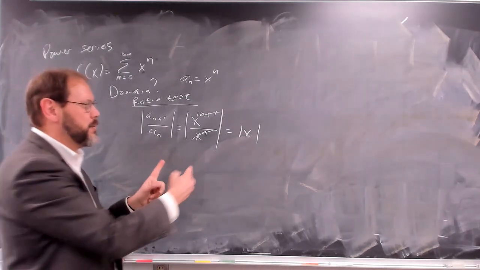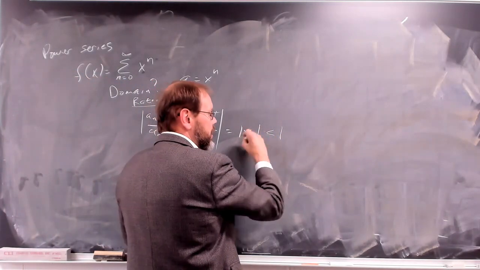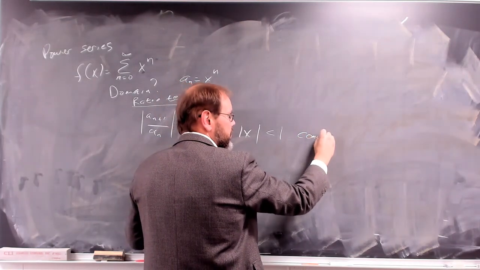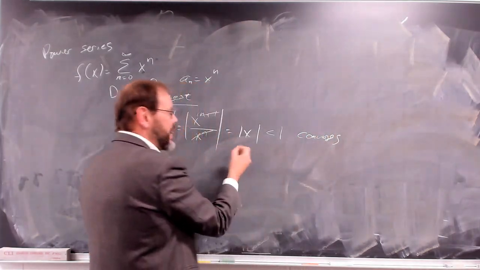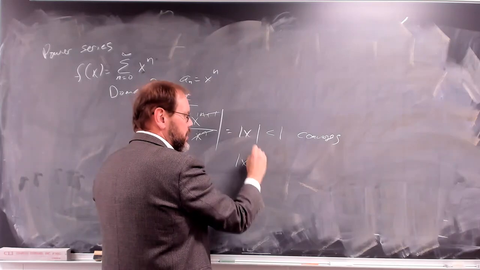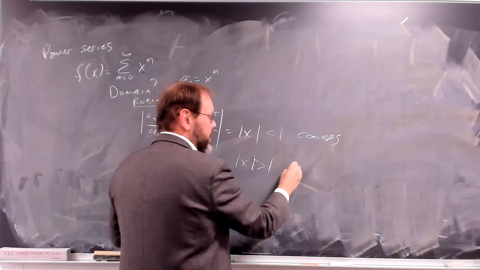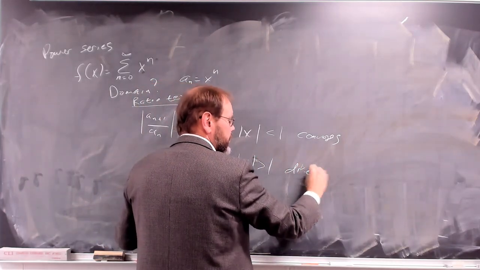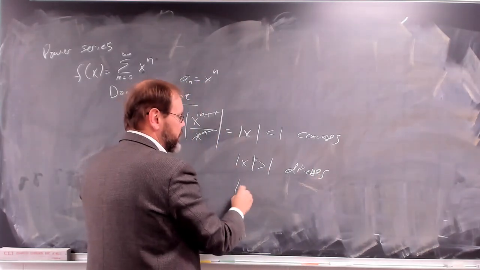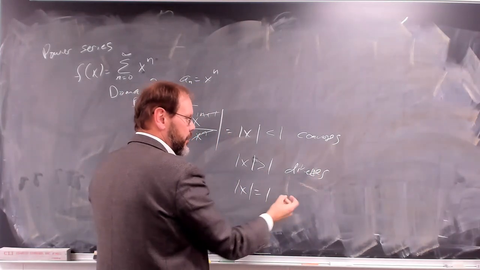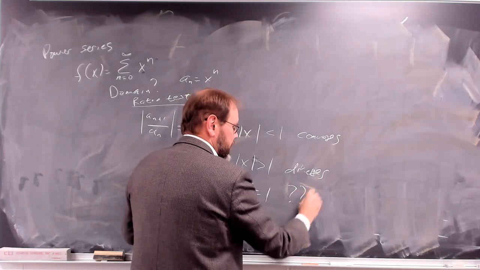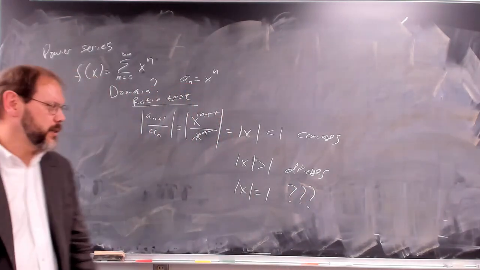So, when the absolute value of x is less than 1, my function converges. Okay. When the absolute value of x is greater than 1, my function diverges. And when the absolute value of x is equal to 1, the ratio test is inconclusive.